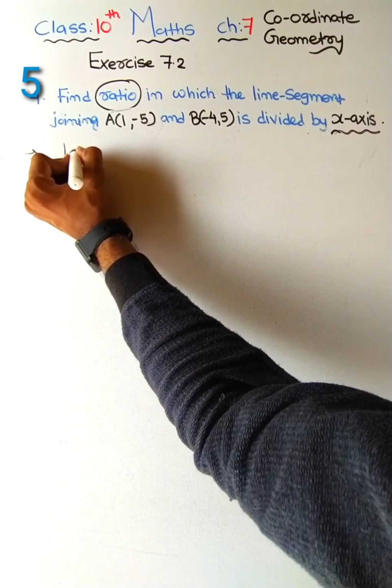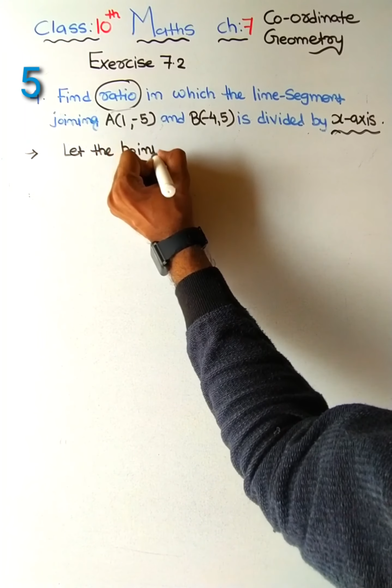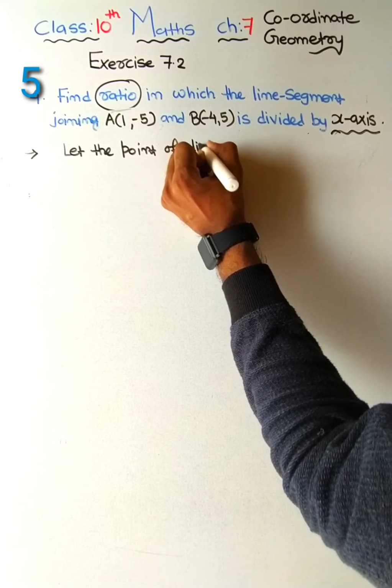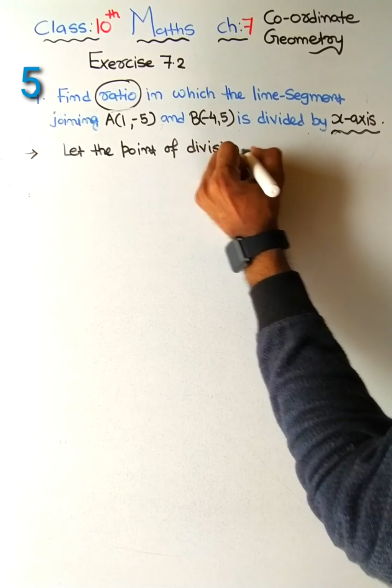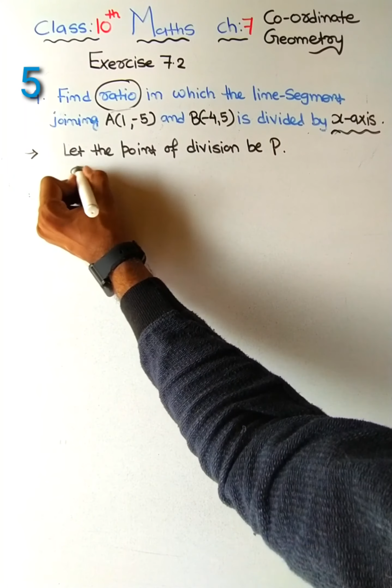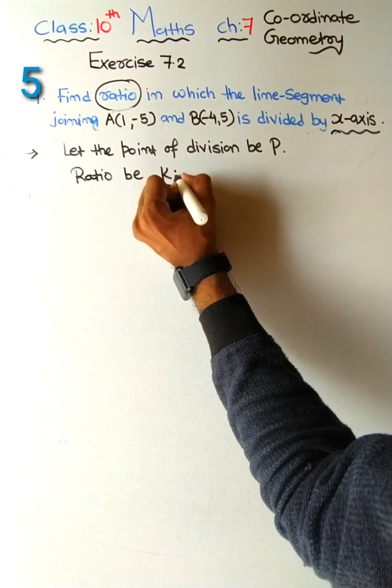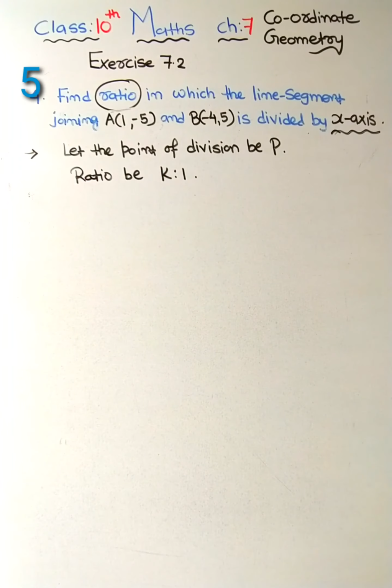So let the point of division be P and let the ratio be k is to 1. Now let us try another method. Ratio we will assume k is to 1. Clear? So now let us move further with the section formula.